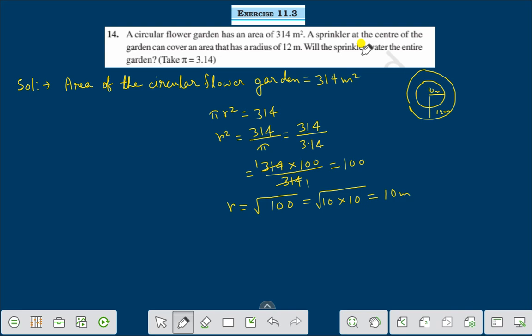Will the sprinkler water the entire garden? Yes, the sprinkler will water the entire garden, because this radius is 10 meter, and the sprinkler at the center of the garden can cover an area that has a radius of 12 meter, more than that.